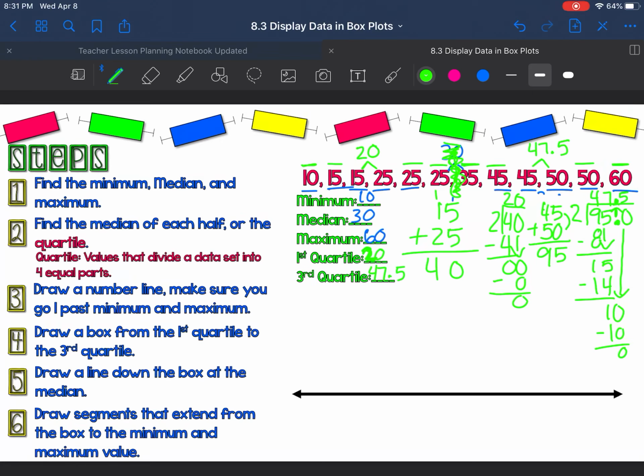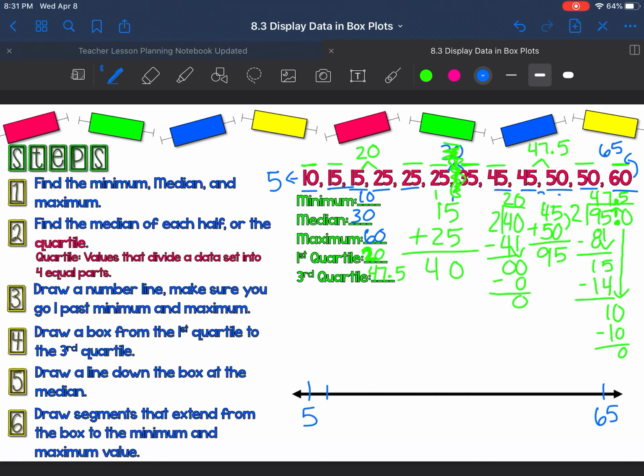So I'm going to count by 5s because that's a little bit more manageable. I'm going to start, remember you want to go one smaller. So if I'm counting by 5s, 5 would be the smaller tick to 10. And that means that up here, I'm going to go all the way to 65. You don't want your box plot to end on your minimum or your maximum.